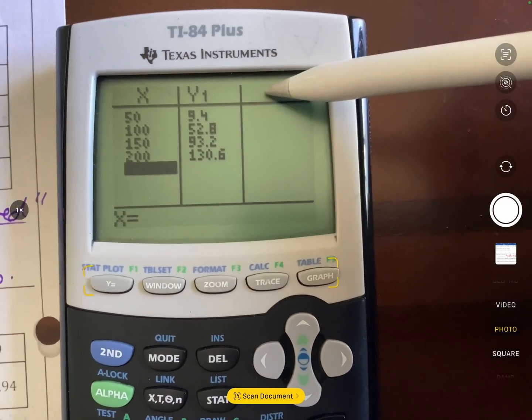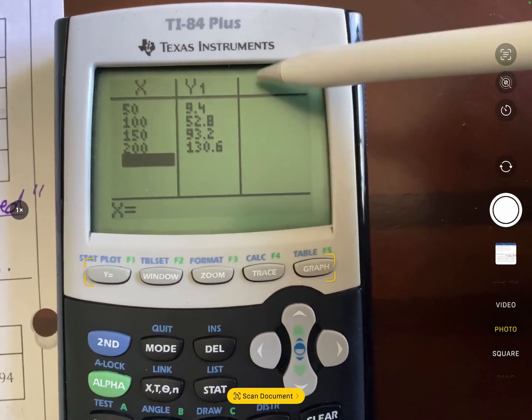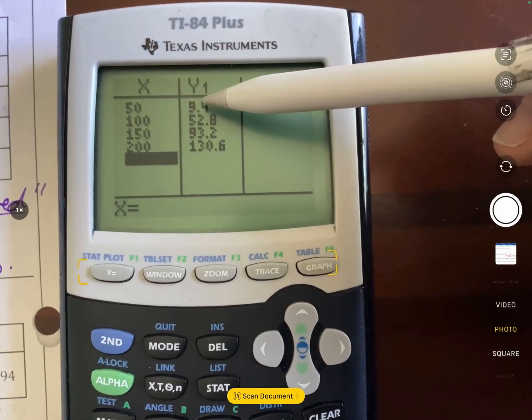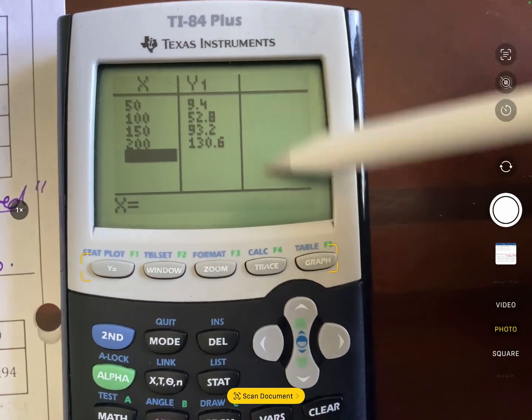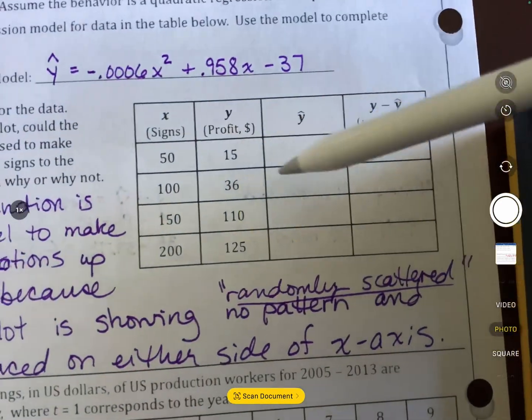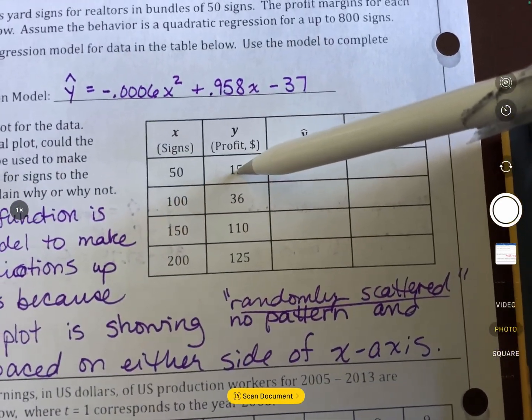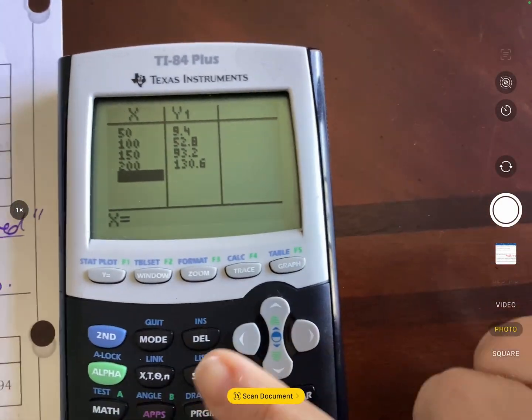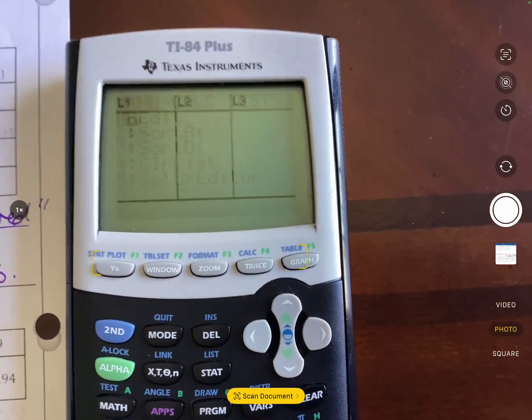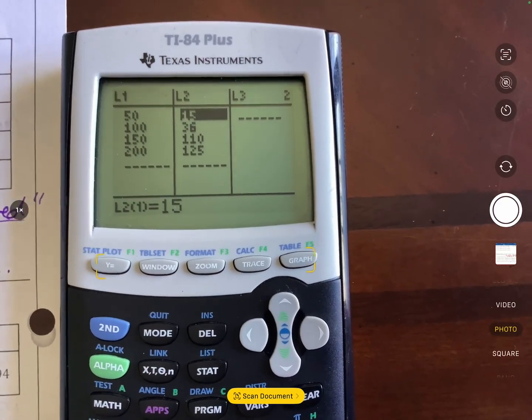So the next column, your calculator can do this for you. You don't have to actually subtract 9.4 from 15 to get that next column, right? 9.4 would go here from 15. You don't have to do that by hand. So I'm going to show you how you can do it. So stat, edit. Okay, so that's the table.